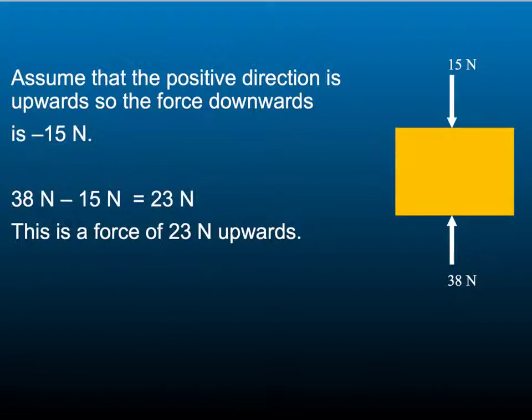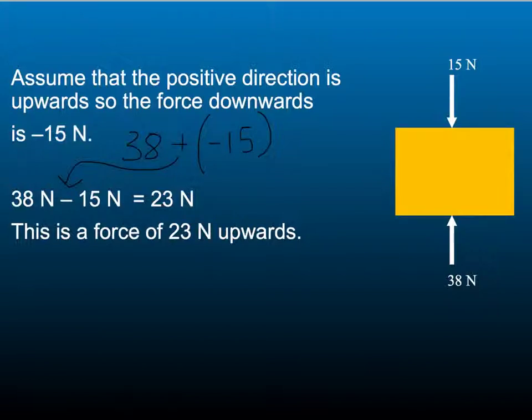So if we take our 38 newtons direction as positive, this one must be in the negative direction. So then we have 38 newtons plus our negative 15, which will actually equal this, as a plus and a minus gives us a negative.